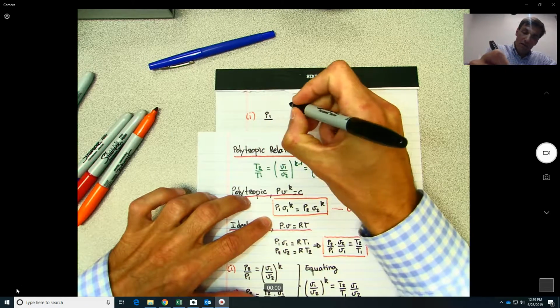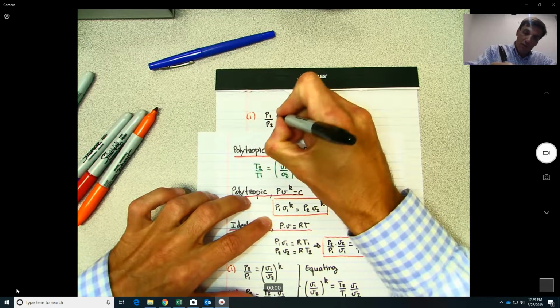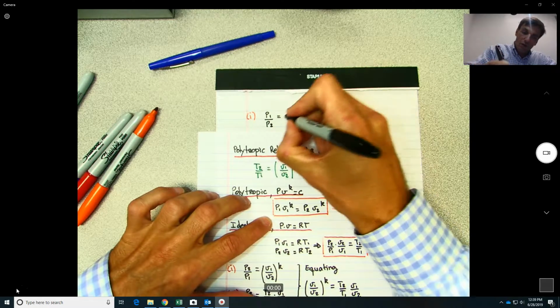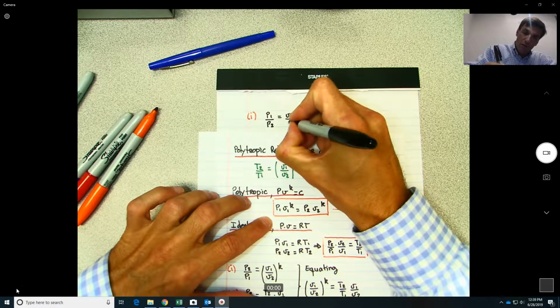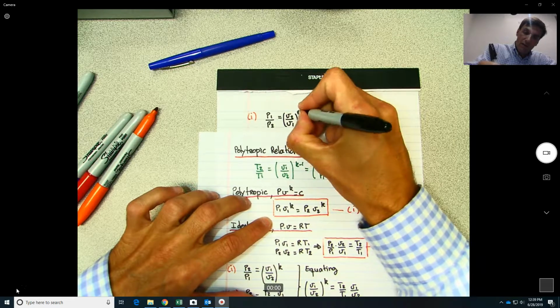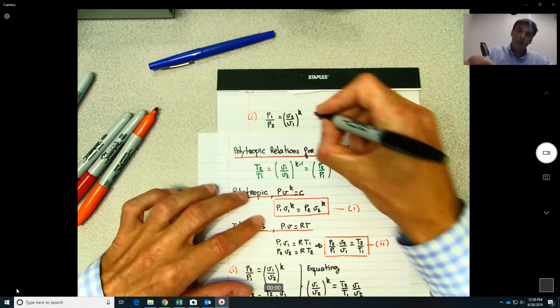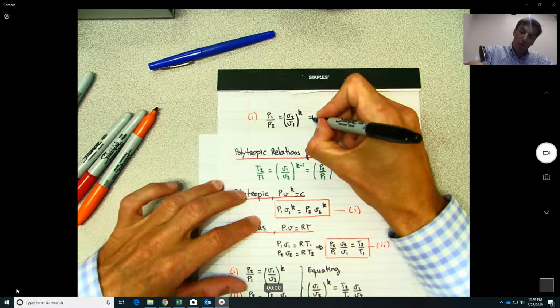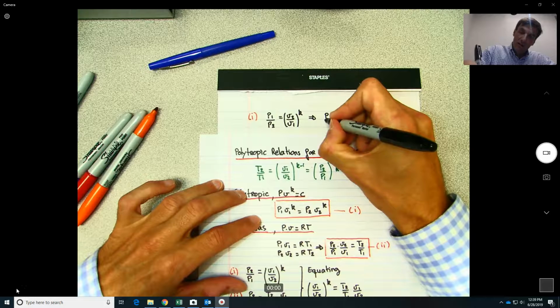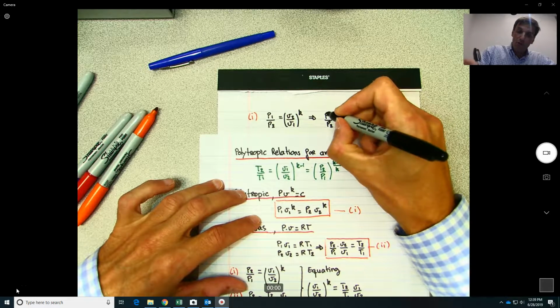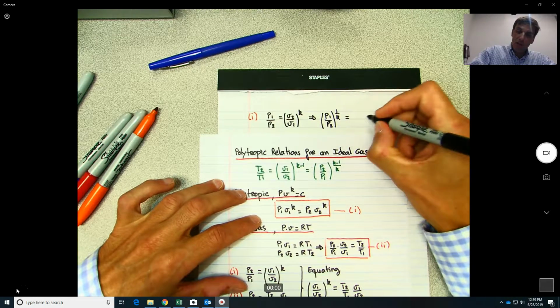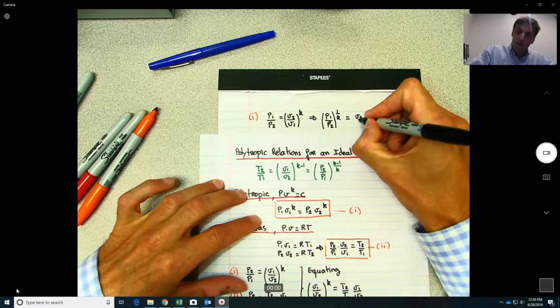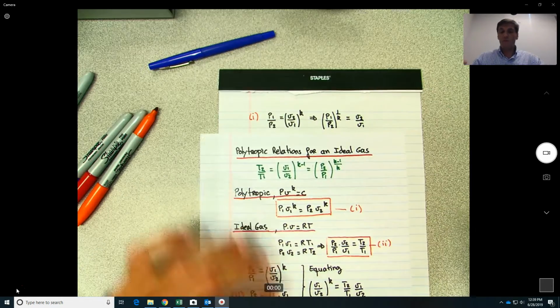We can write down, let's say, P1 over P2 equals V2 over V1 to the K, or this would be equal to what? P1 over P2 to the 1 over K will be equal to V2 over V1.